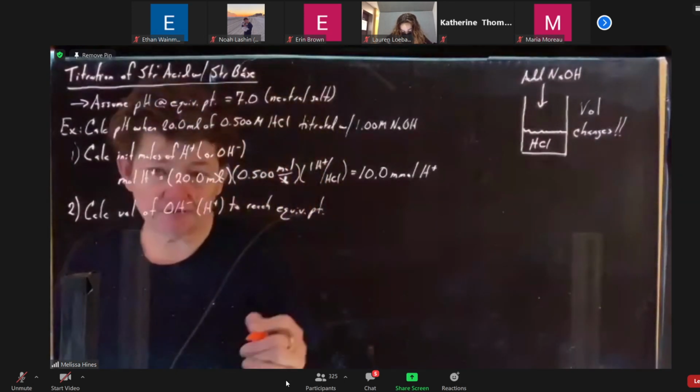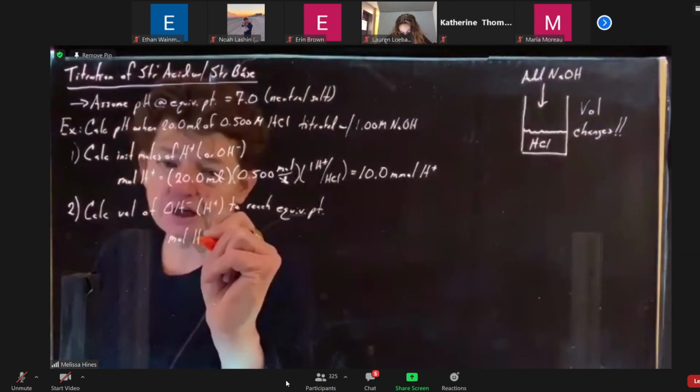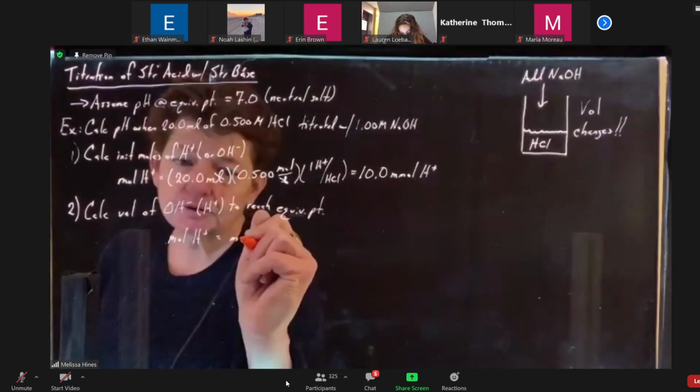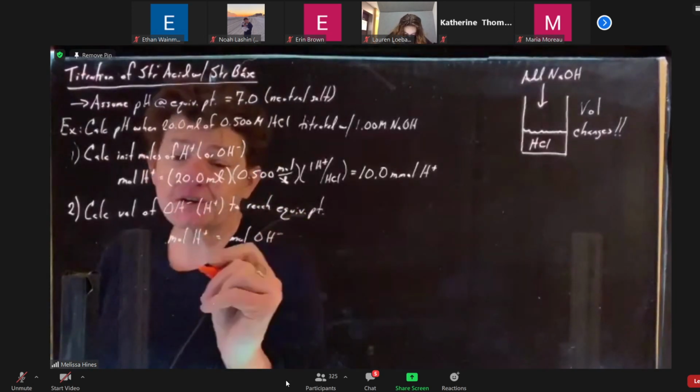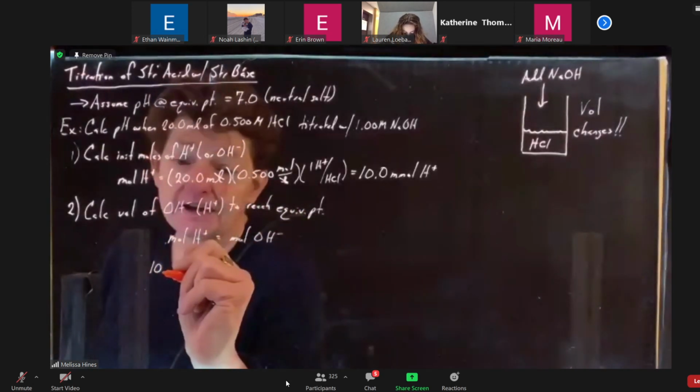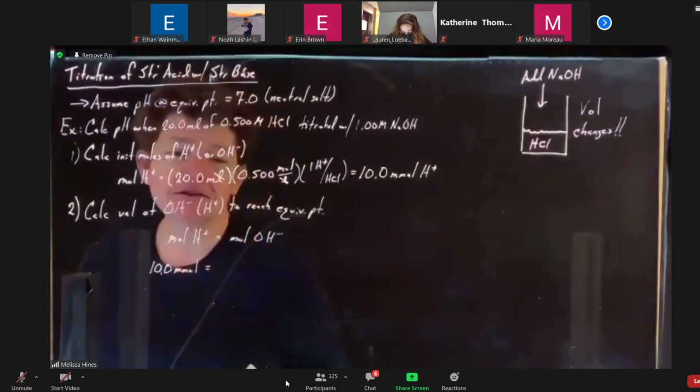Okay, so that's pretty straightforward. We know that when we're at equivalence point, the moles of protons must be equal to the moles of OH minus. Now, I just calculated the moles of H plus, so I know that I'm going to have 10.0 millimoles of H plus at equivalence.